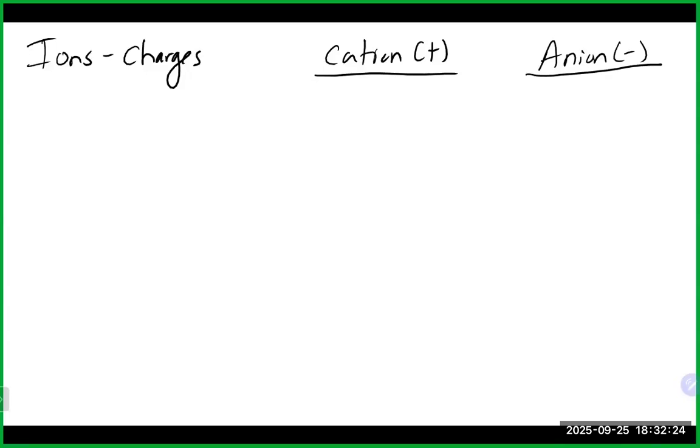When we want to write the formula for a cation, we need to include the charge. So if you were asked to write the hydrogen ion, it is H+, sodium would be Na+, calcium would be Ca2+, aluminum would be Al3+. So if you are asked to write the formula for an ion, it does need to include the charge.